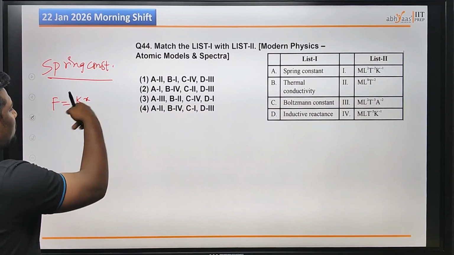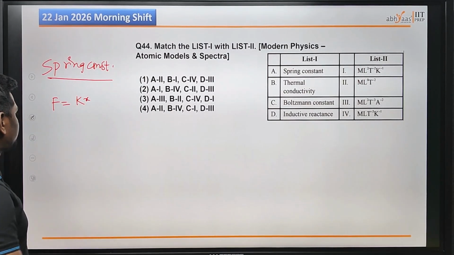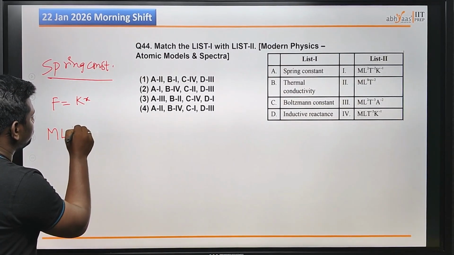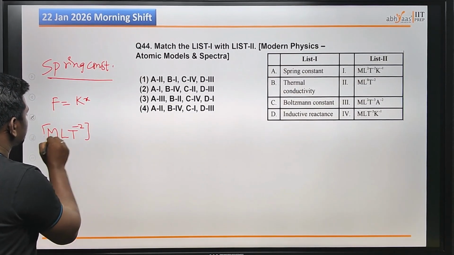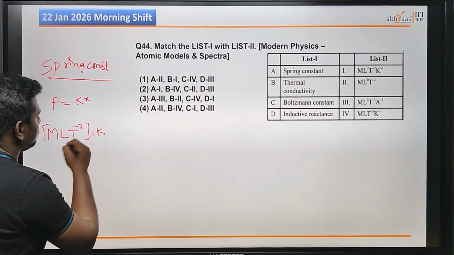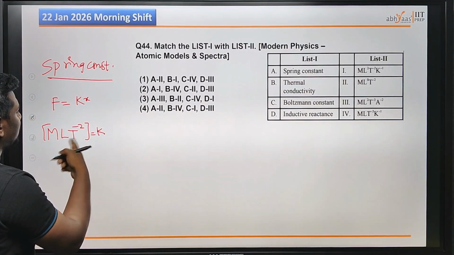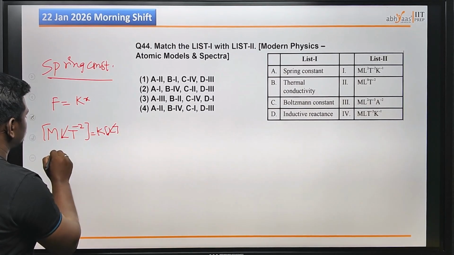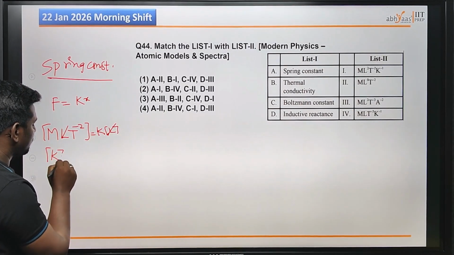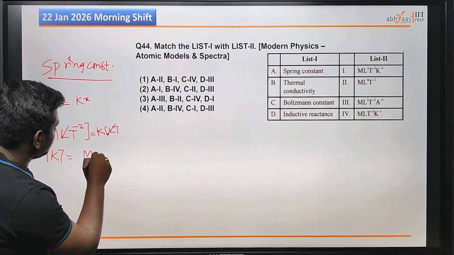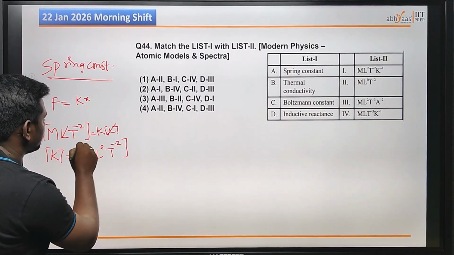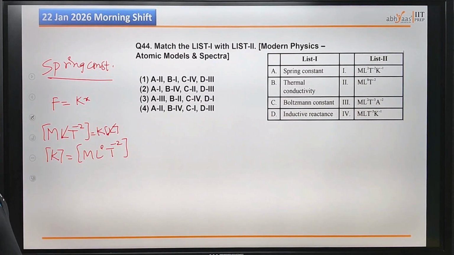We know that one. From this I want to find K. F is M L T to the power minus 2, divided by x, that is the length. You can cancel out. So the dimensional formula for K is M L naught T to the power minus 2. This is for spring constant.